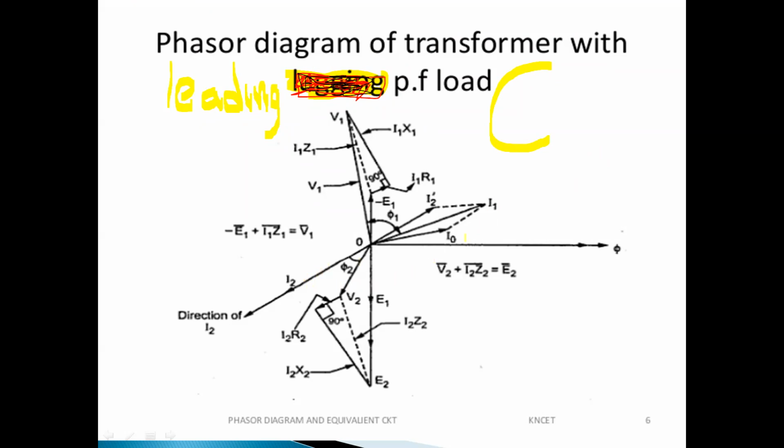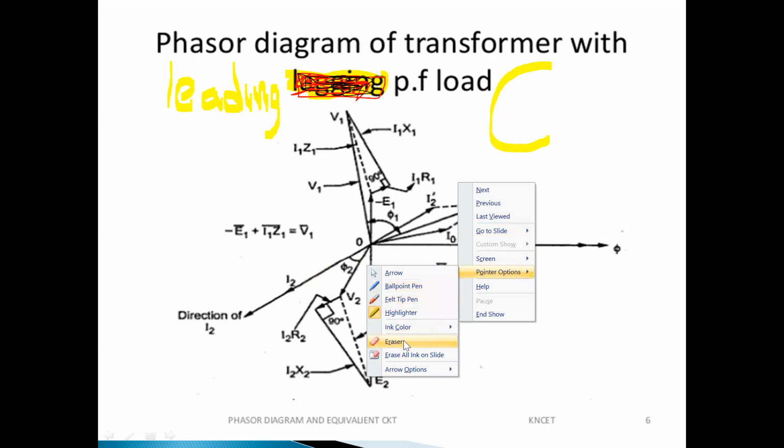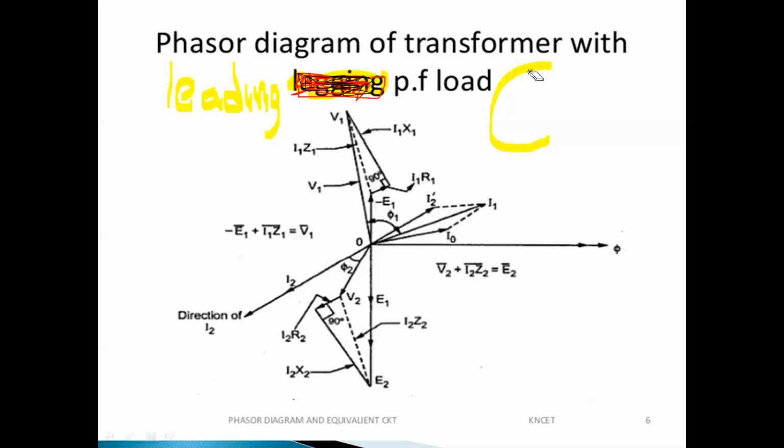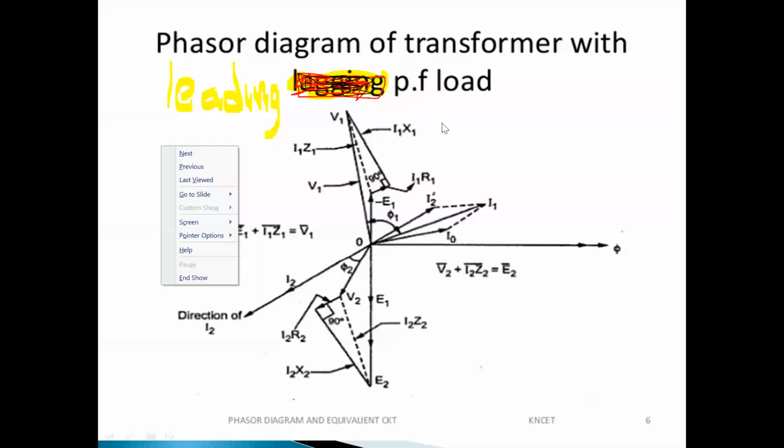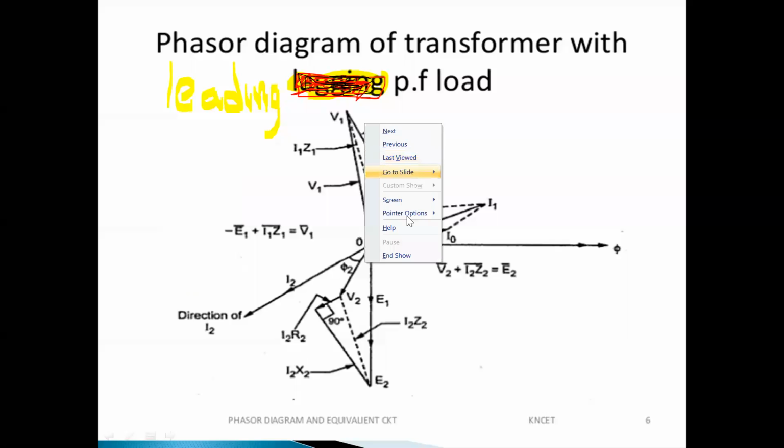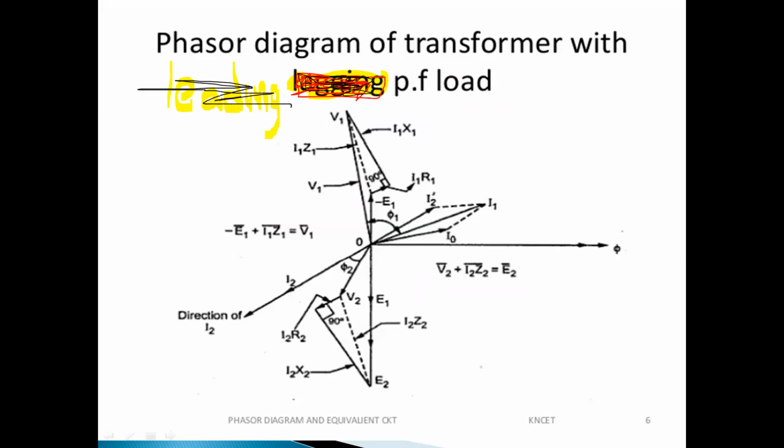Sorry, the lagging load. If you take voltage as reference, lagging is right. Lagging load means pure inductive load, L load.